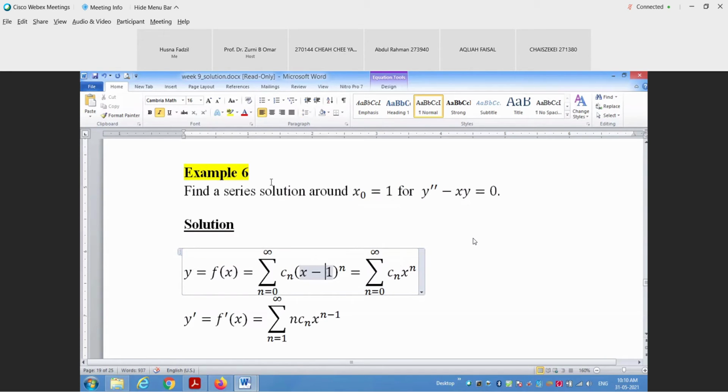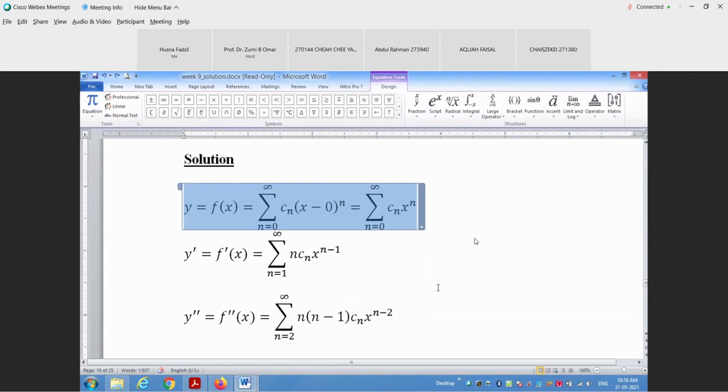So you just replace the given x naught in the power series. So y equals summation n from 0 to infinity of Cn x to the power of n. Our main aim now is to find the coefficient Cn.